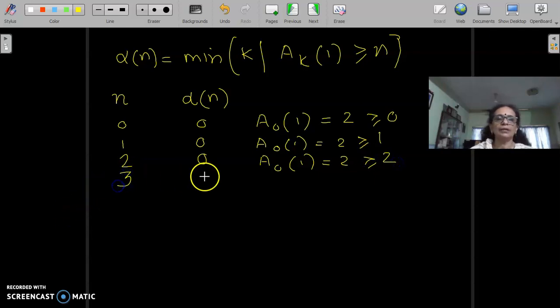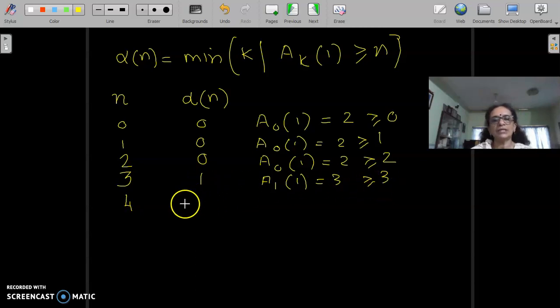How about 3? Now alpha(n) cannot be 0, because A(0, 1) is 2, which is not greater than or equal to 3. So let us look at the next one. It fits, because A(1, 1) is 3 and it is greater than or equal to 3. Now how about 4? We know that 1 is not going to fit, because A(1, 1) is 3 and it doesn't reach 4.